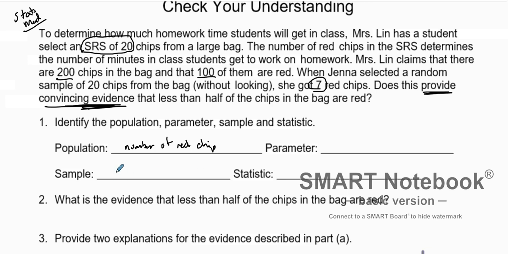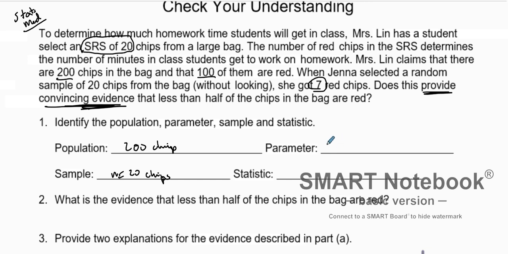Our sample is the number of red chips. I guess the population is 200 chips, I apologize. Out of this, we are only taking 20 chips, so our n value is 20. Our parameter is we are trying to decide how many red chips we have.